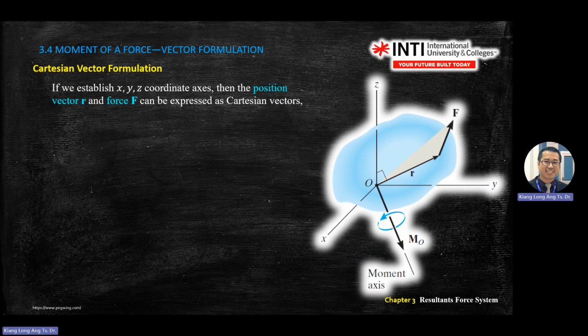Next one is what we will see in the question. You look at axis X, Y, Z, and then you will see R and F. Means you stand here, you look to the force.